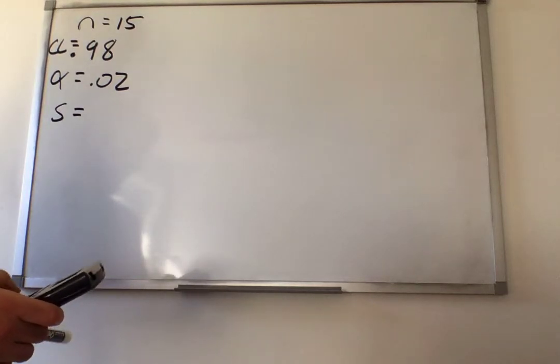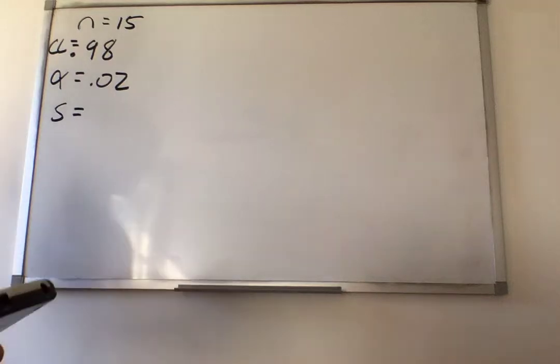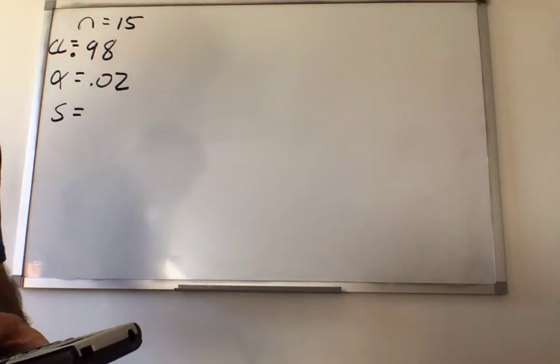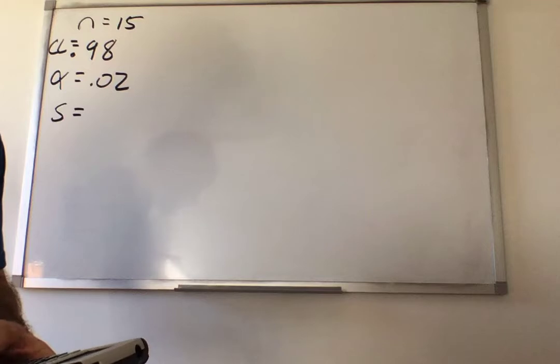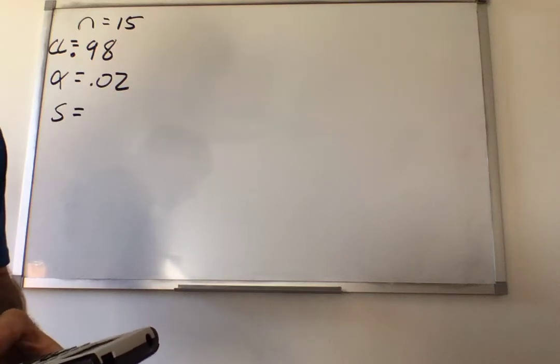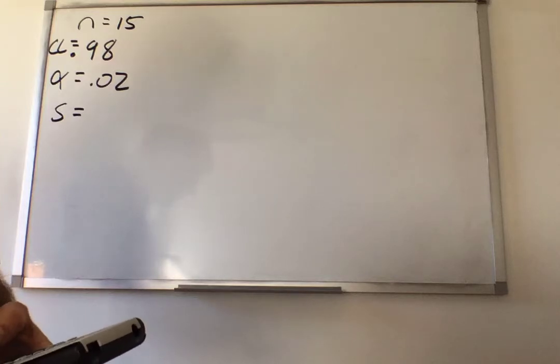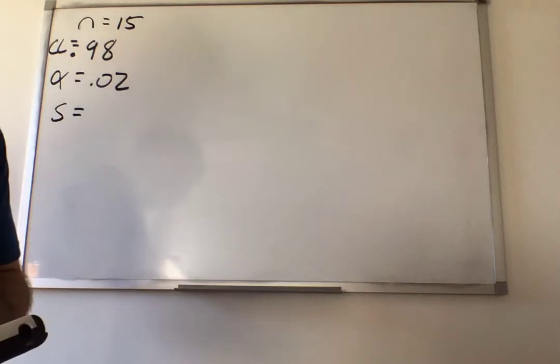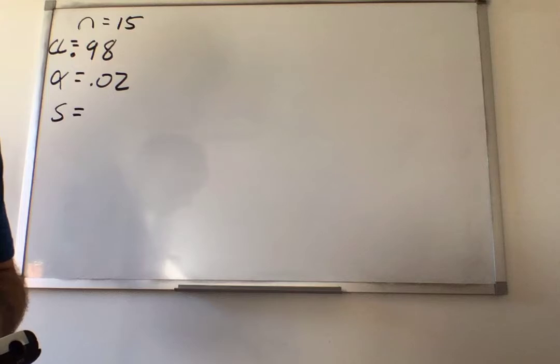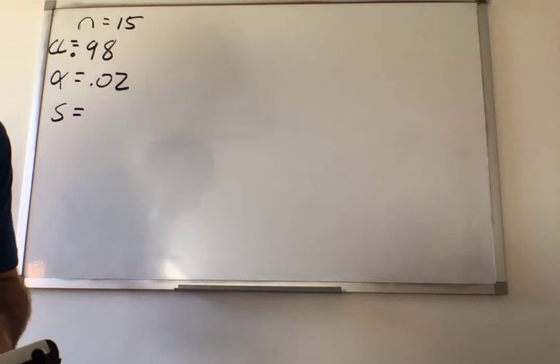So go to stat edit and enter in the data that we have here. 25, 34, 27, 27, 31, 28, 27, 28, 33, 31, 28, 29, 32, 29, and 29. Go ahead and give it a good look through and make sure all the numbers you entered into the calculator are correct. I do have mine correct.